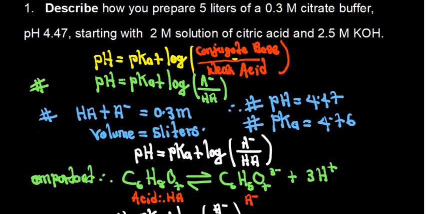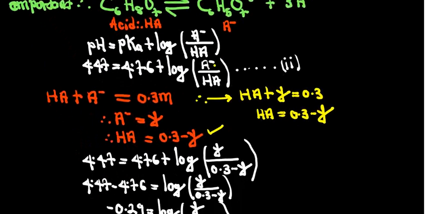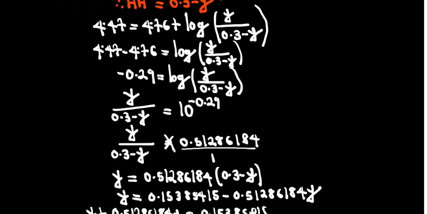And what we found here is that the conjugate base has a concentration of 0.1, and the weak acid has a concentration of 0.2. And if I add 0.2 plus 0.1, we are getting a 0.3, which was the given value in the question. So this makes everything right.